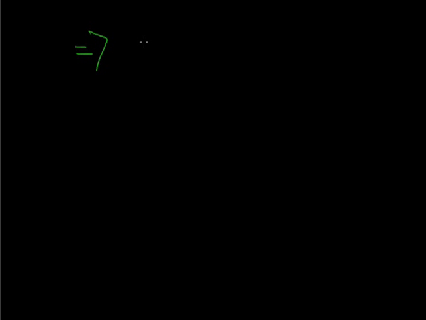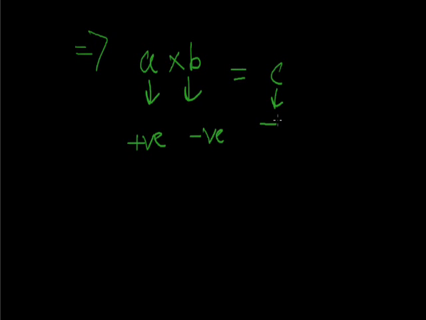Now moving to the next property in multiplication, if we multiply a by b where a and b are of opposite signs, let's say a is positive and b is negative, then the answer will always be a negative integer. Please remember this property. It is very important from your examination point of view.